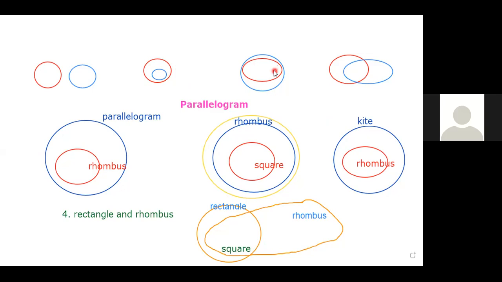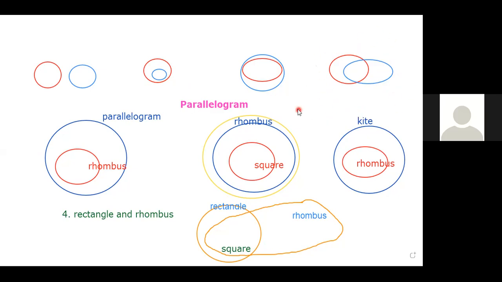Neither is a subset of the other. But they intersect in the sense that, can we have a quadrilateral whose diagonals are perpendicular and equal, and of course bisect each other? Yes. And that is why this last one works.